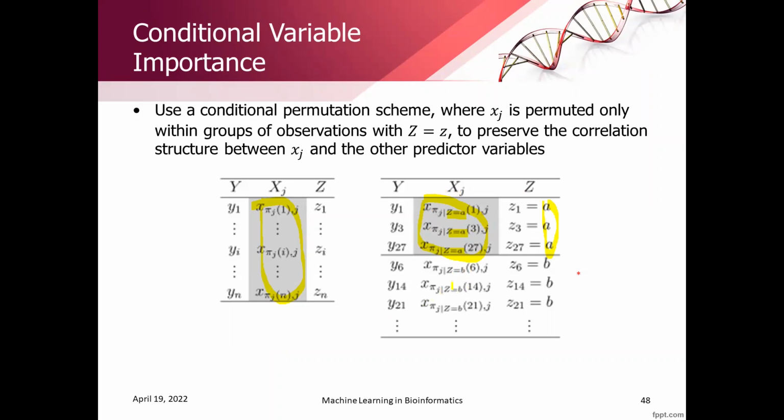And here we randomly permute only the values corresponding to observations where the attribute z has value b, c, d, and so on. So there can be more variables. Then, of course, the decrease in the accuracy would usually be lower. When we permute the whole column, then we mix the values completely, and usually the decrease of accuracy is higher.